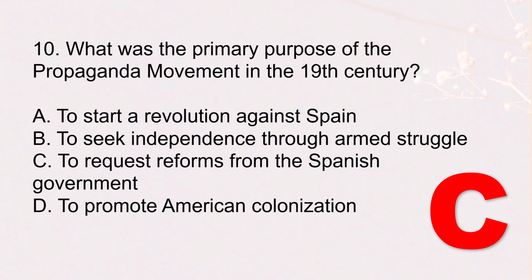Letters A and B are associated with the Katipunan, not the propagandists. And letter D, to promote American colonization, is unrelated, as this movement occurred before the American colonization.